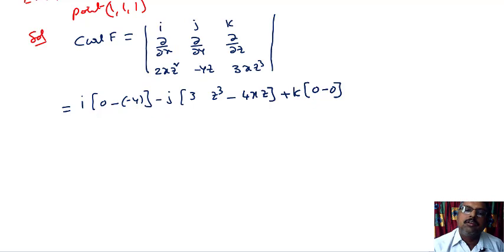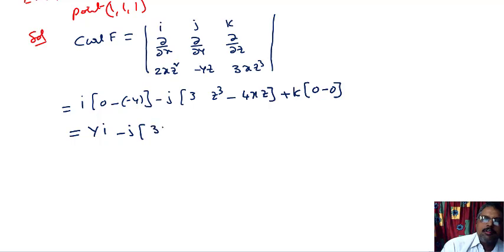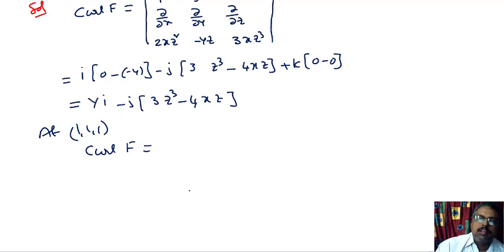Now k into dou by dou x: here there is no x term, and there is no y term. So finally, minus y i minus j into (3z cube minus 4xz), and the k coefficient is 0. Now at the point (1, 1, 1), what is curl f? Put x equals 1, y equals 1, z equals 1: minus i minus j into (3 minus 4), which is minus 1, and k into 0.